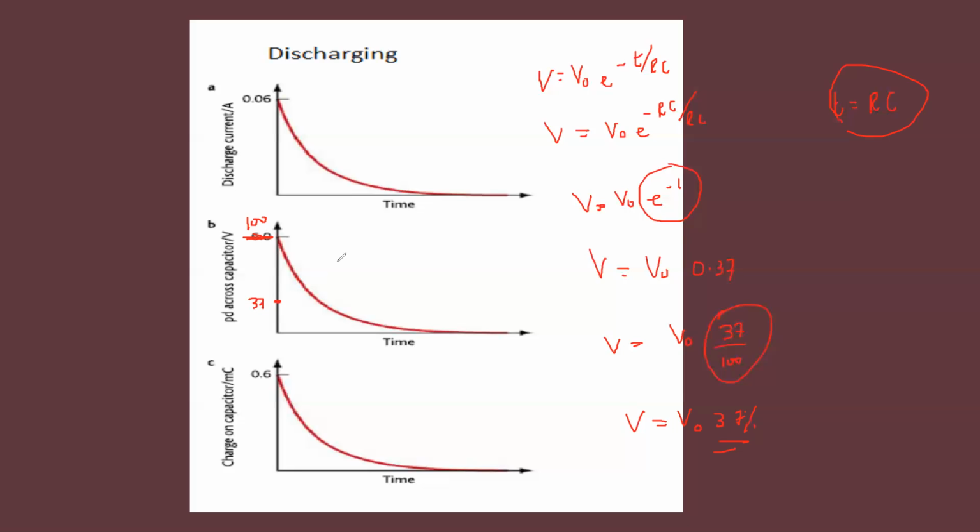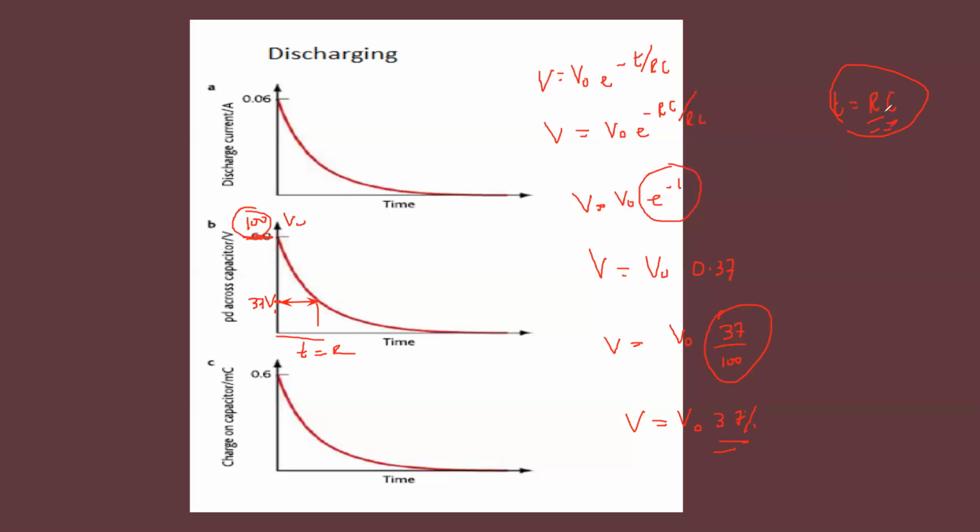So how much time will the capacitor take to discharge to 37% of its original value? For simplification, I took the starting value as 100, but the starting value can be any number. The time the capacitor takes for its voltage to decrease from the maximum value to 37% of the maximum value is known as the RC. So whenever you multiply resistance by capacitance, you get a value, and that value shows how much time the capacitor will take to discharge to 37% of its original value.